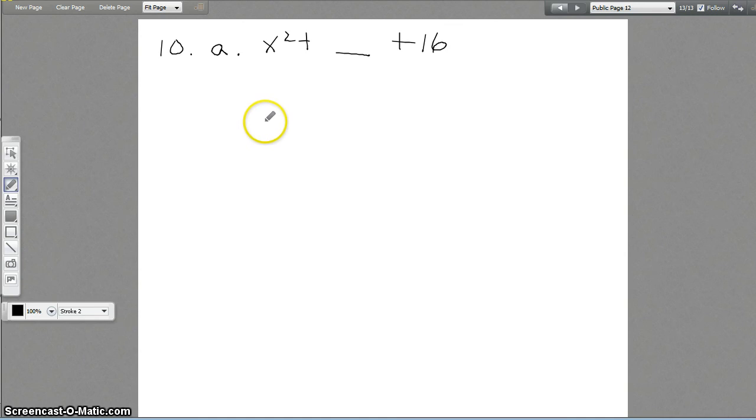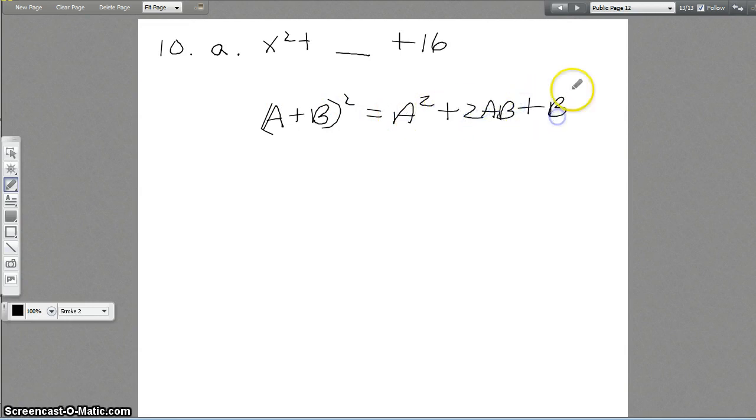Well, the rule is if we have (a plus b) squared, it's going to be a squared plus 2ab plus b squared. This first term has to be our a squared, so a must be x. This last term has to be our b squared, so b must be 4.